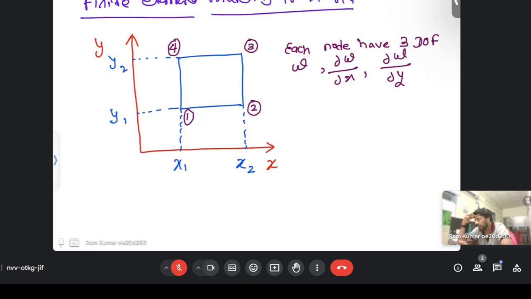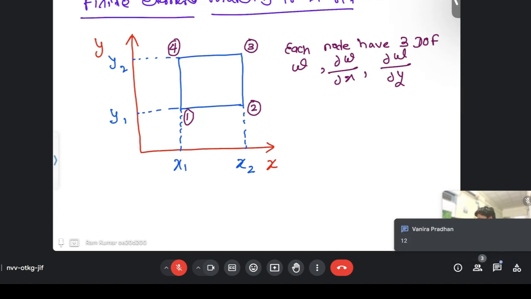So how many in total? Each node has 3 degrees of freedom and we have 4 nodes, so total 3 cross 4, which will be 12. Totally there will be 12 terms.